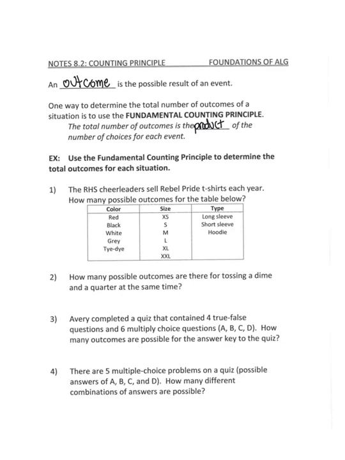If we look at the number of different colors, we have 5 total colors. They also come in different sizes. We have 6 different sizes. And then they could also come in long sleeve, short sleeve, or a hoodie. So that's 3 different choices of shirt type.